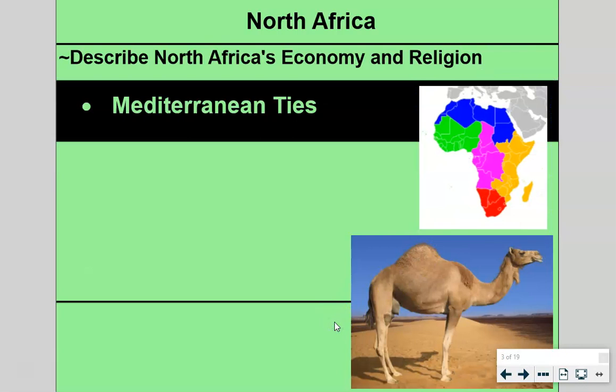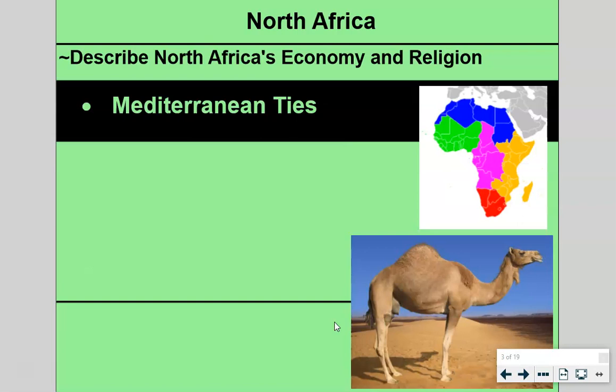Now, when we look at the development of North Africa historically, a lot of it is going to be related to their Mediterranean ties, because think about all of the powerful civilizations in the Mediterranean, whether it be the Greeks or the Romans or some civilizations we haven't looked at like the Ottoman Empire and some of the various Muslim empires that were built throughout time.